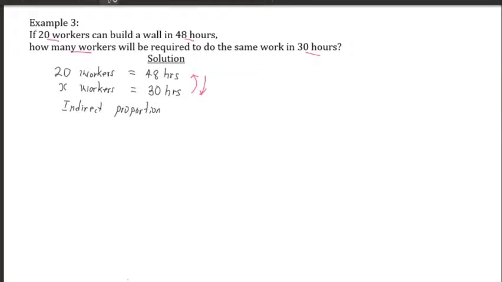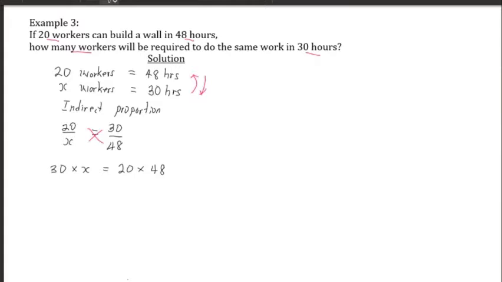So we are going to do a reciprocal on one of the ratios. I'm going to maintain the workers, so that will be 20 over x is equal to 30 over 48. So now I can do my cross multiplication, and I'll have 30 times x is equal to 20 times 48.